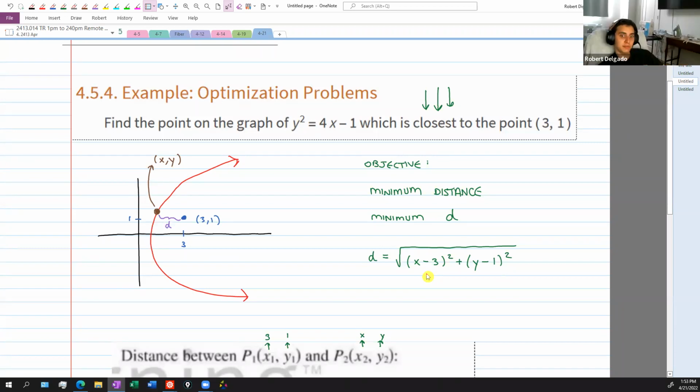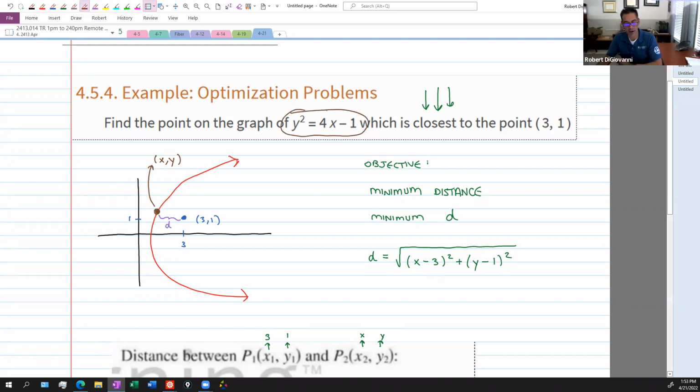The graph itself, the formula. What do you mean the graph itself? Well, not the actual picture of the graph, but the formula for the graph. Yeah, the equation of this graph, right here. That equation actually is a constraint. It tells you the relationship between x and y, doesn't it?